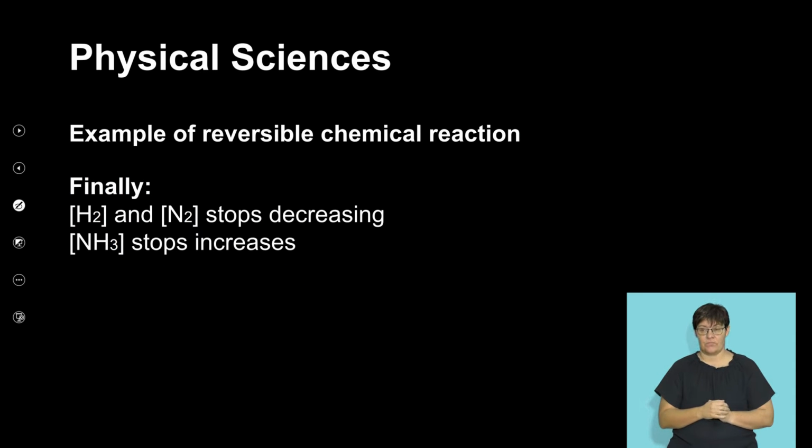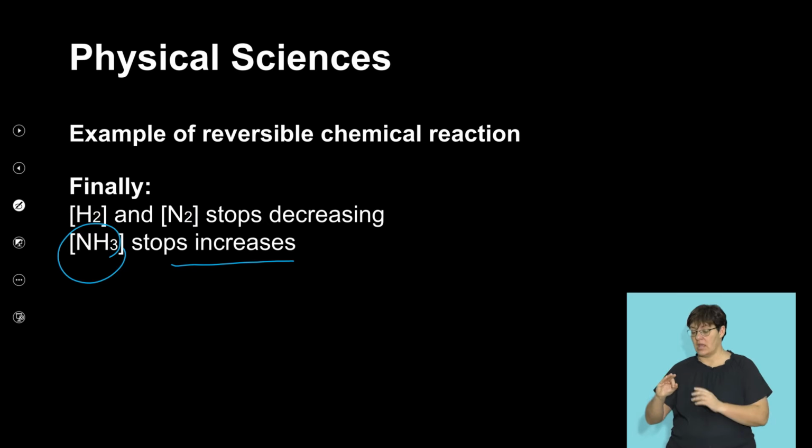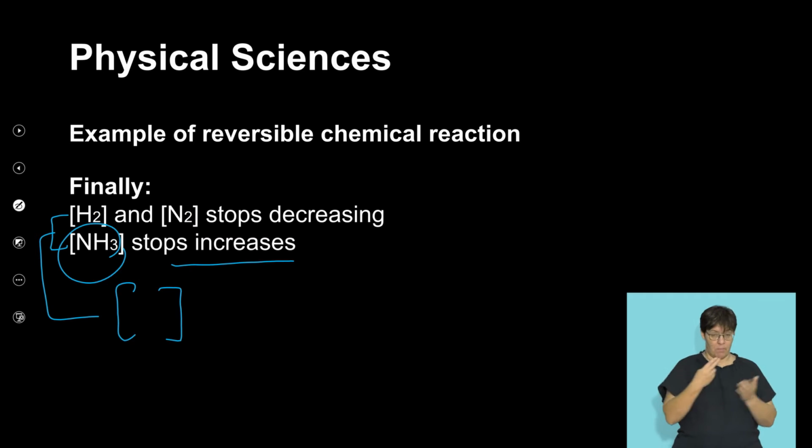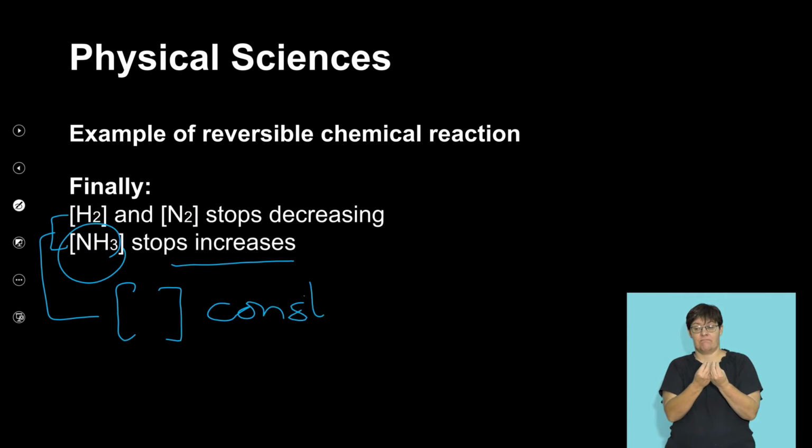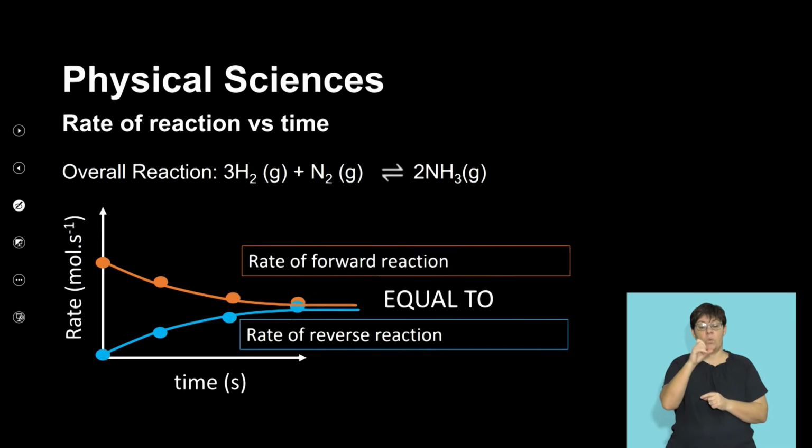Then at the end, finally, our hydrogen and our nitrogen stops decreasing. Our ammonia stops increasing. So what happened here is for both the forward and the reverse reaction, the concentrations of everything becomes constant. Not the same, the word is constant.